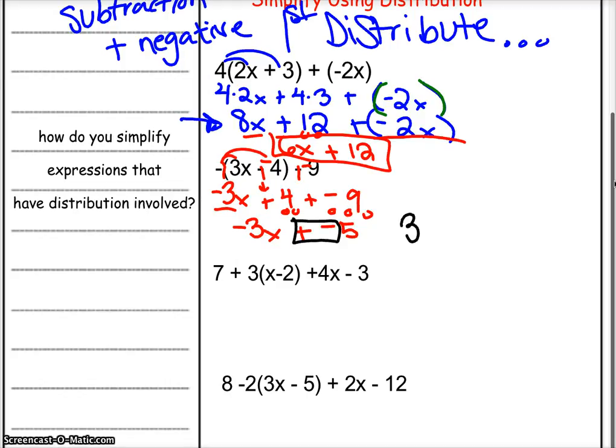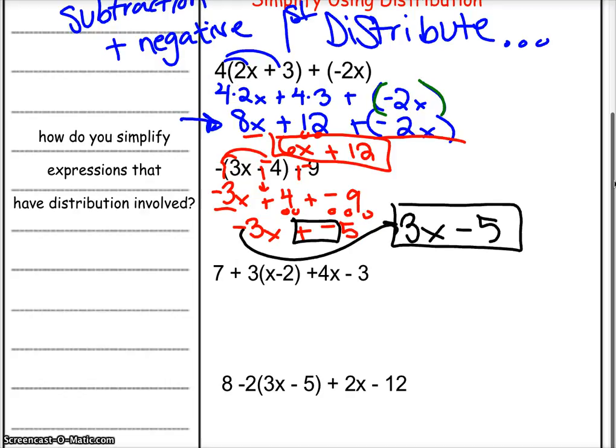You rewrite it as negative 3x minus 5. And we're done because there's nothing else I can do. Oopsies. It should be negative 3x. Oh, now it looks all messy. There we go. Negative 3x minus 5.